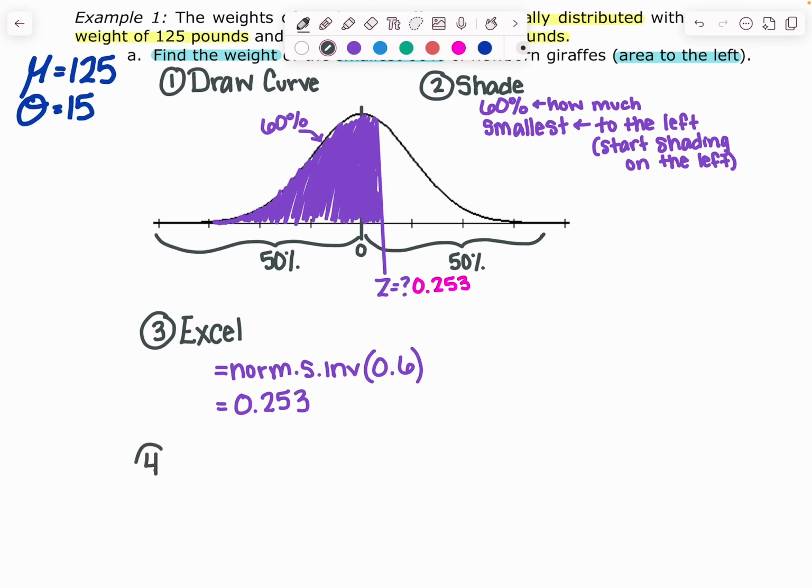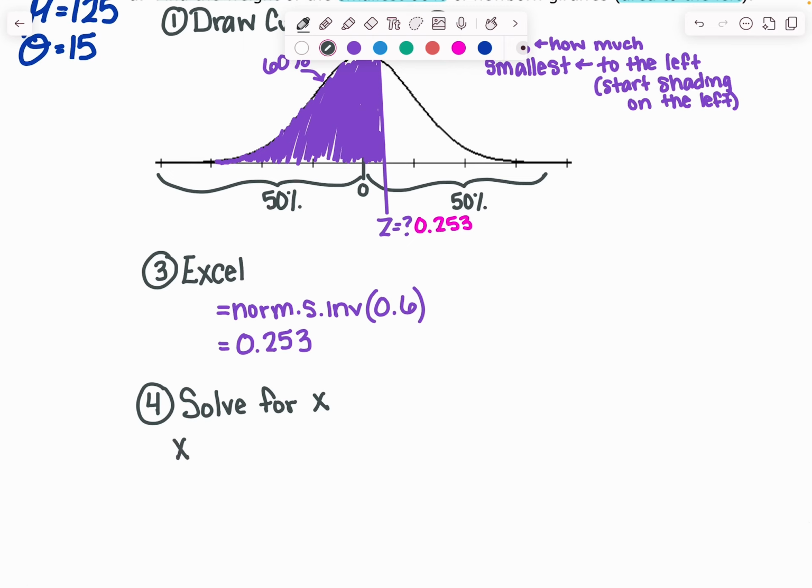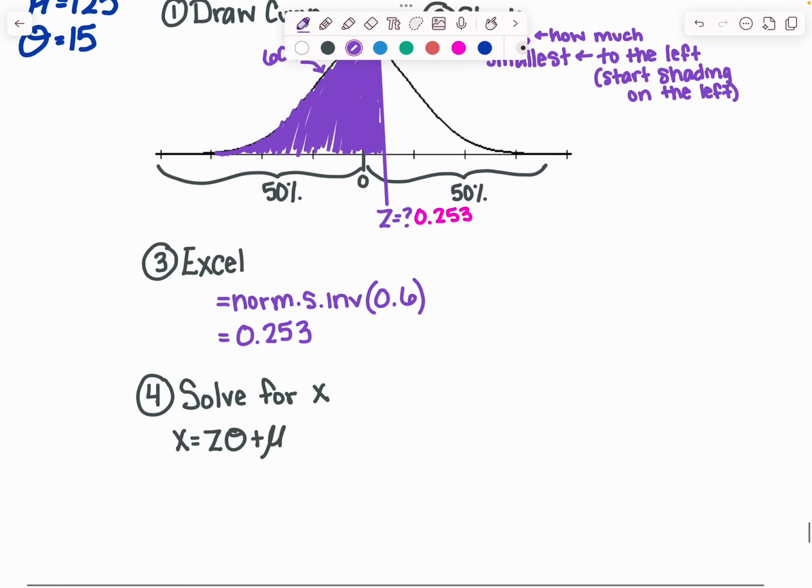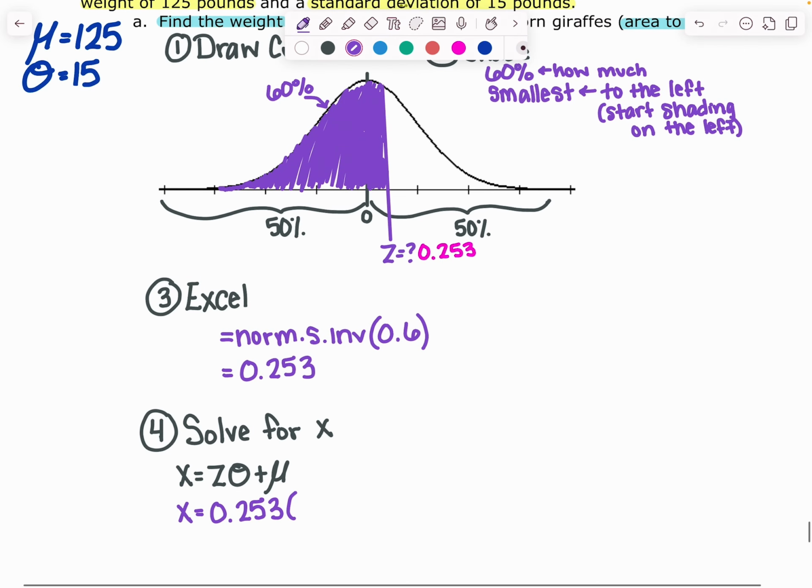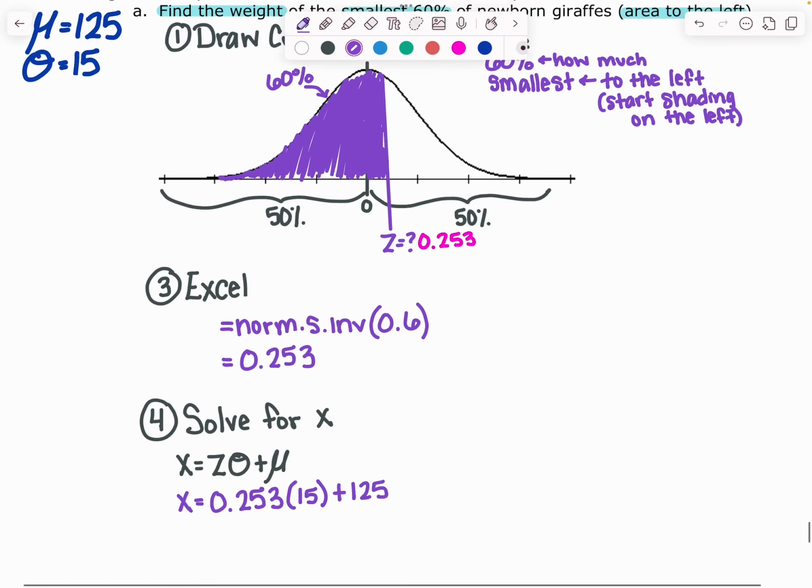And so the last thing that we have to do is solve for x. Our x equation is z times sigma plus mu. So our z-score is 0.253 times our sigma, which is 15, and our mu is 125.